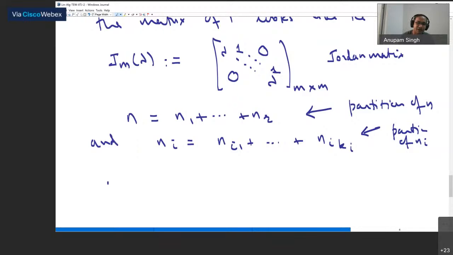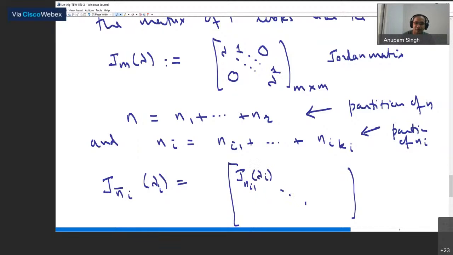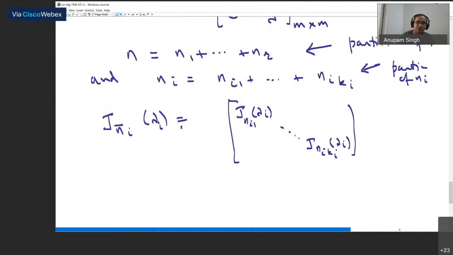Then we can write J ni bar lambda i, and this will consist of the Jordan matrices J ni1 lambda i and so on, J ni ki lambda i. This is again a notation only.